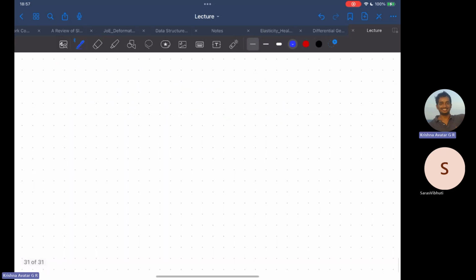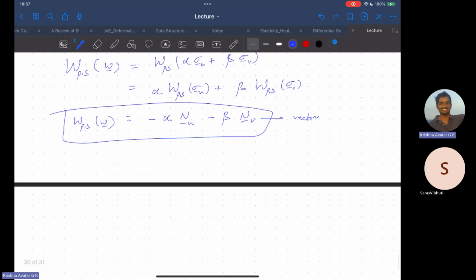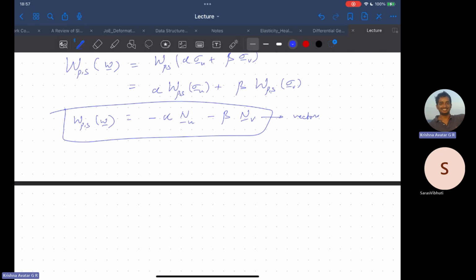Now you'll ask me, of course, another question: you say that the vector should lie in T_P S. Is it lying in T_P S? The issue is, let's see, n dot n was 1. Take its derivative with respect to u. So it becomes n dot n_u equal to 0.